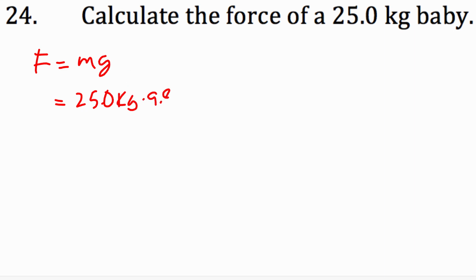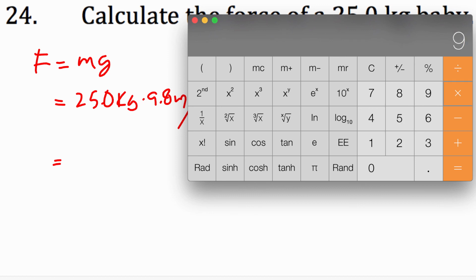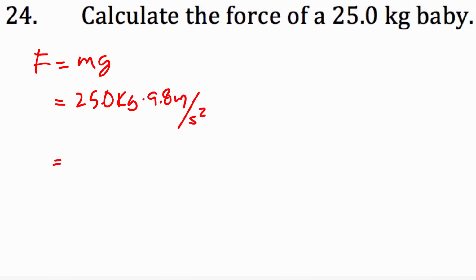Gravity is 9.8 meters per second squared. So I just have to go 25 times 9.8. Okay, 245. So the force of that baby is 245. Forces are always measured in newtons.